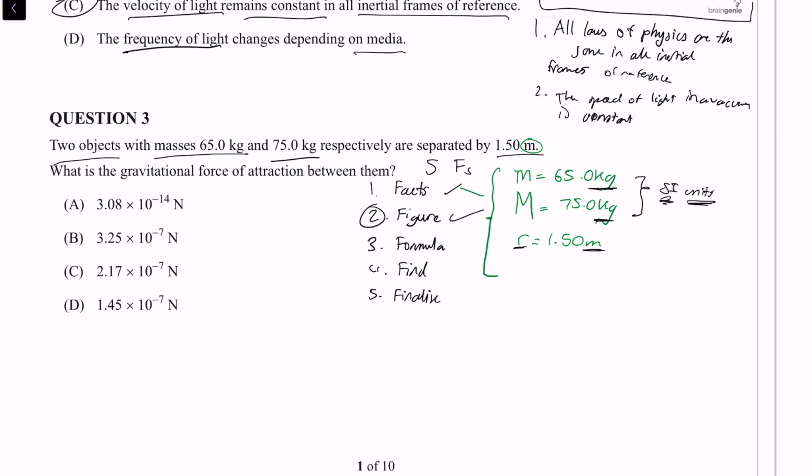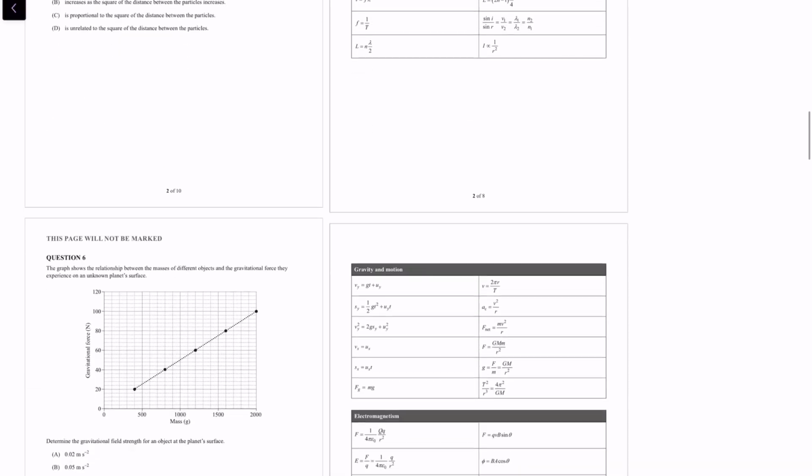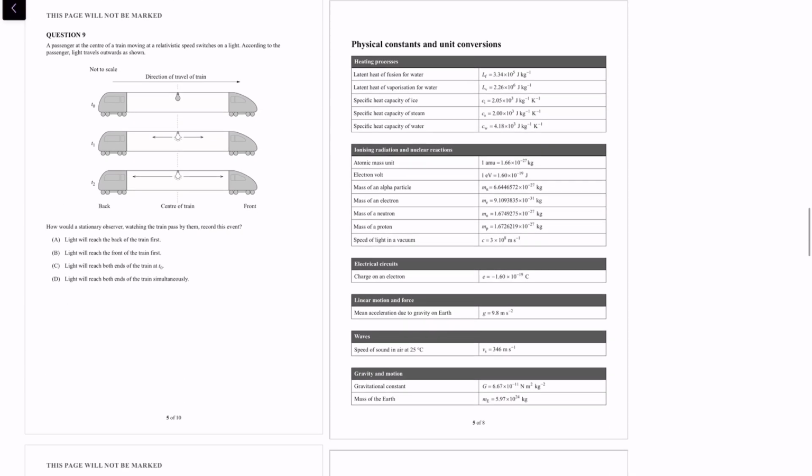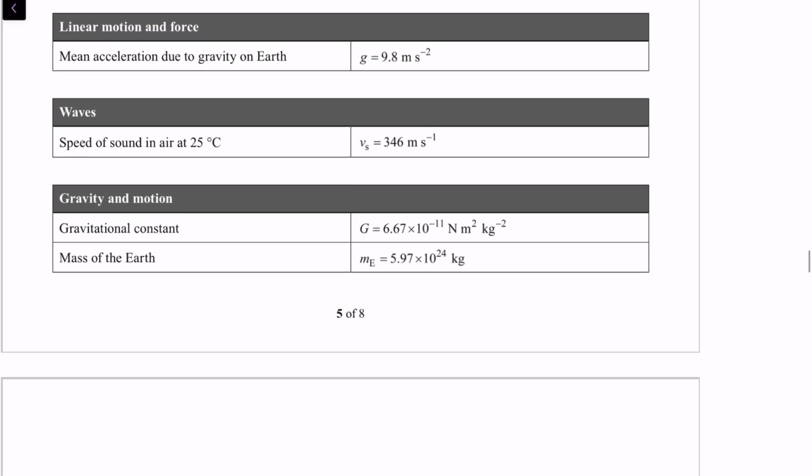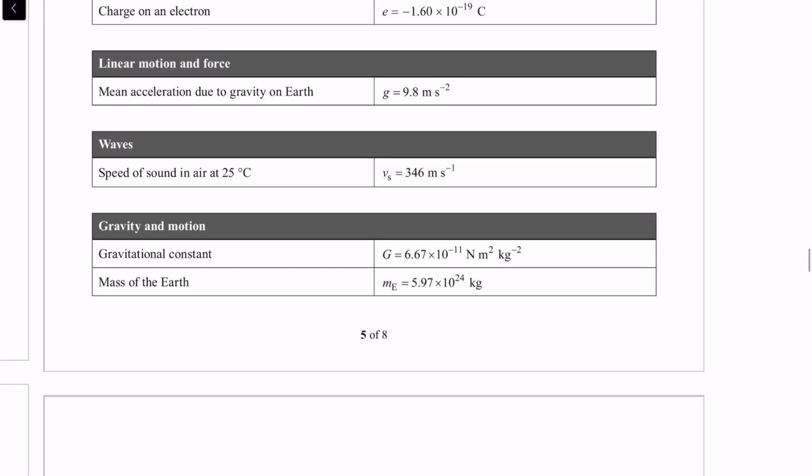And I know that G is the gravitational constant, which, if I look at my formula sheet, because I've practiced and I know where these things are to save time, is 6.67 times 10 to the negative 11 and these units here.